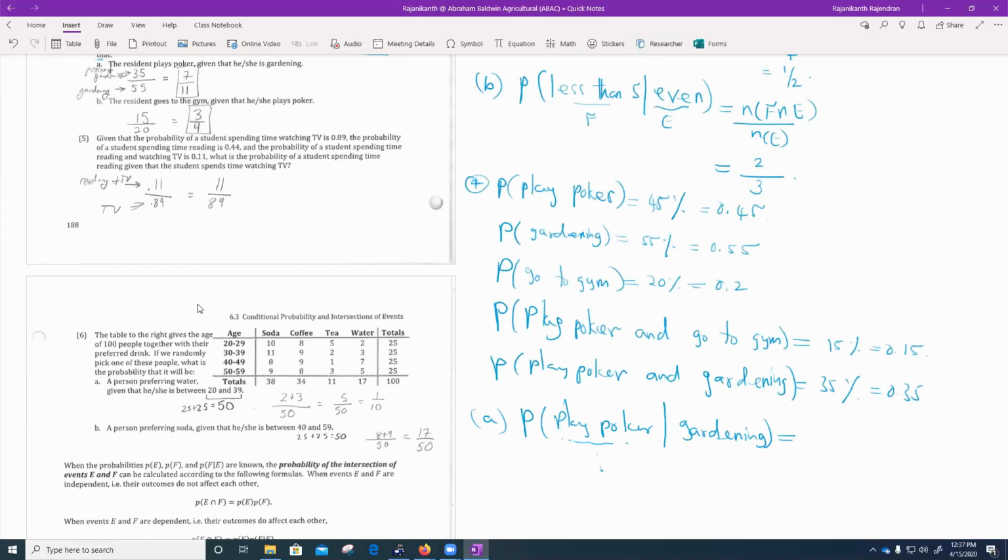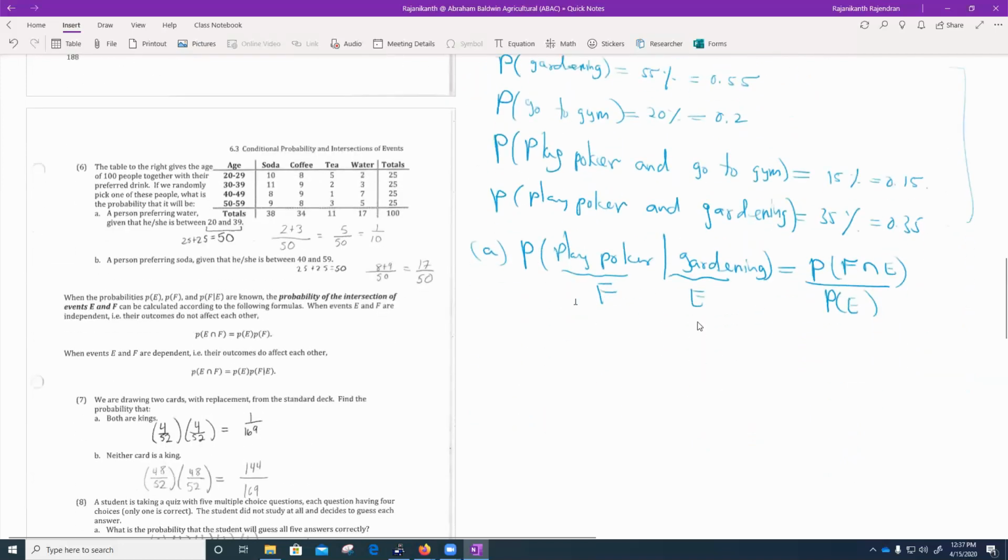Now this is my event F, this is my event E. Now I am going to use the probability formula for the conditional because all the information is given in probability. So instead of little n, I'm using probability. The probability of event F given event E is the probability of the intersection of F and E over the probability of event E, right? So I'm using that.